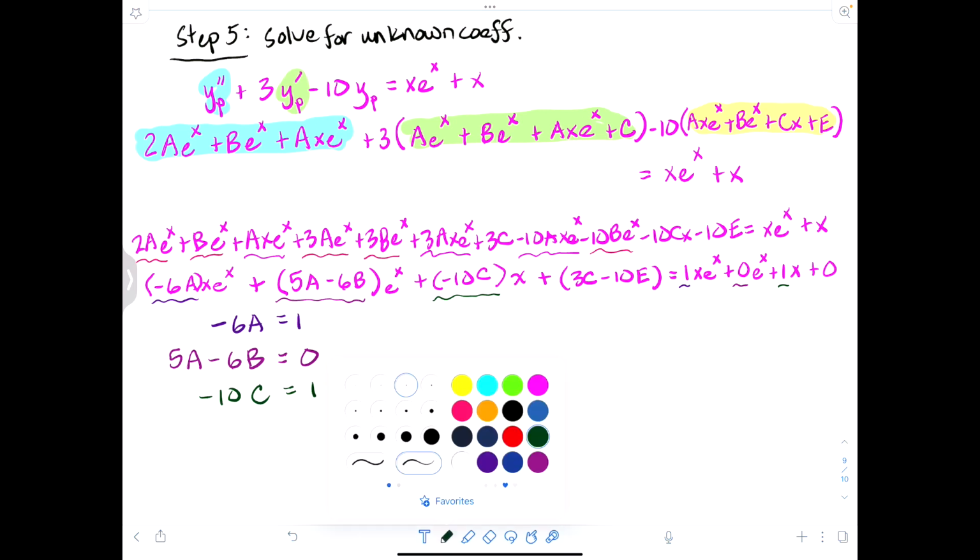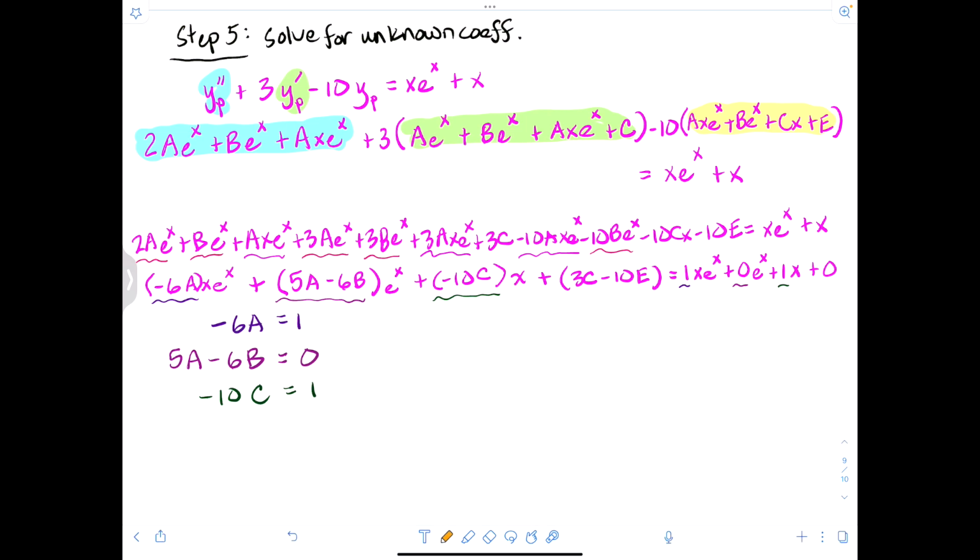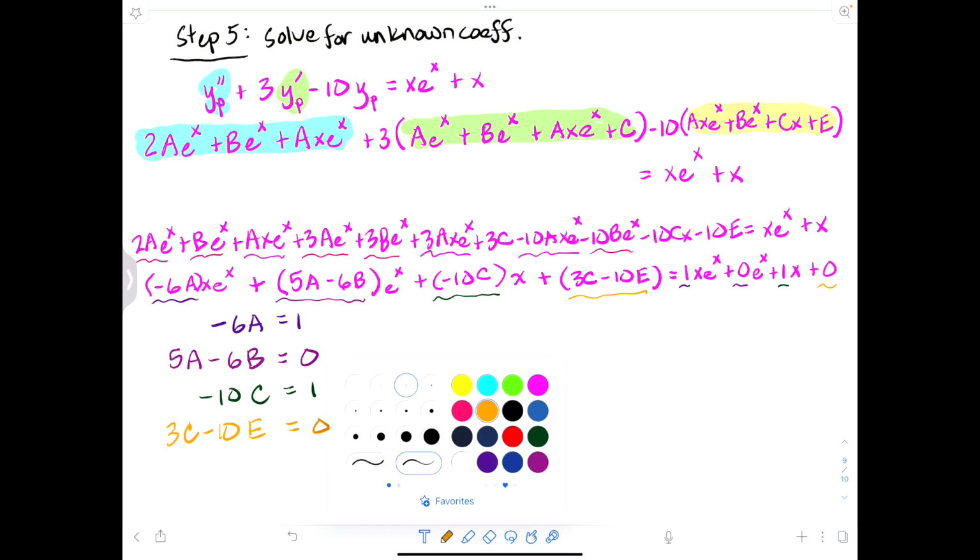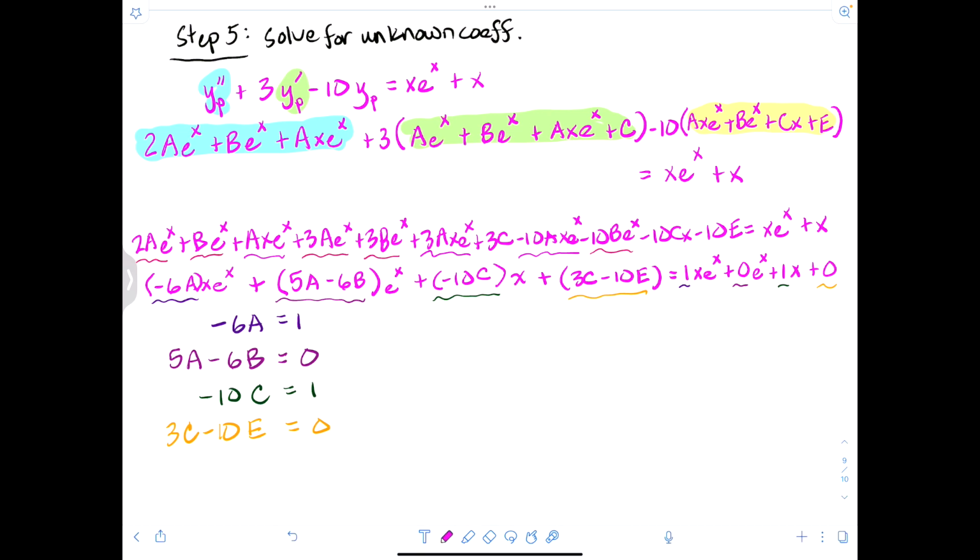And then 3c minus 10e has to be 0 because those are the constant terms. And then you just solve this system of equations, which shouldn't be too terrible.